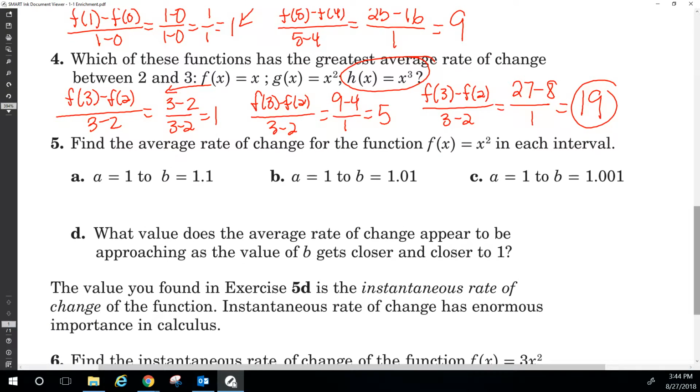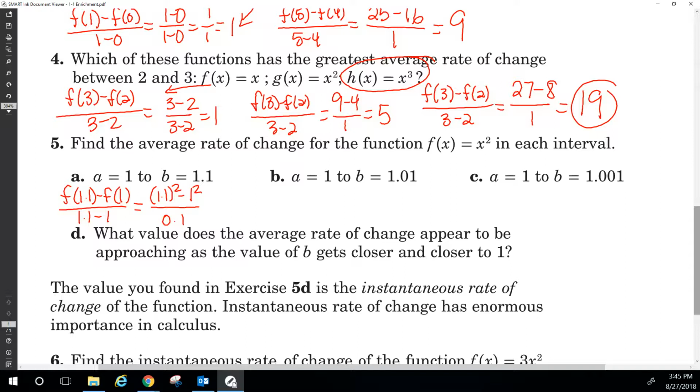All right, find the average rate of change for the function f of x equals x squared in each interval. So we're still going with the same motions here. So f of 1.1 minus f of 1 all over 1.1 minus 1. So this would be 1.1 squared minus 1 squared all over 1.1 minus 1, which would just be 0.1. I have to break out my calculator for this one.